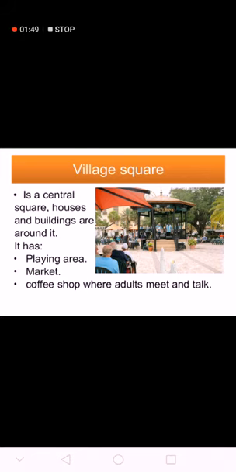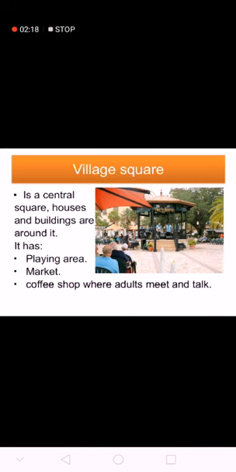So this central square is empty, and all the houses and buildings are built around it. They use this square as a playing area for kids, and a market where people can bring their goods to sell and buy, and as a coffee shop where adults meet each other, the old people meet and talk at that place.